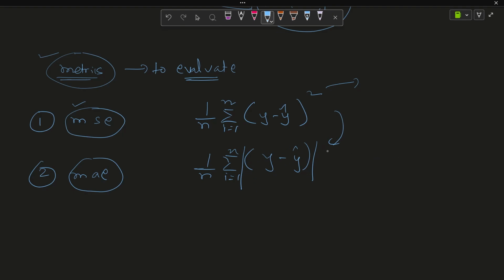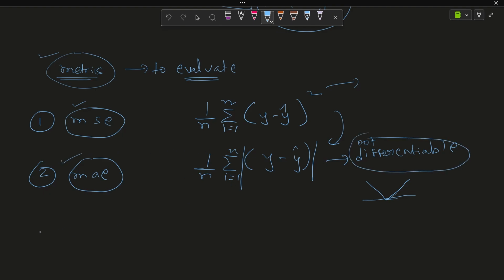But there is also an issue with mean absolute error: it's not differentiable at 0, because you know the graph of the modulus. It's not differentiable at some point, and you are differentiating things, right. So that's mean absolute error.